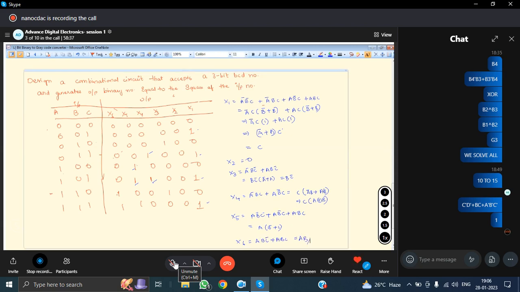Okay, so with this, can you draw the logic diagram?